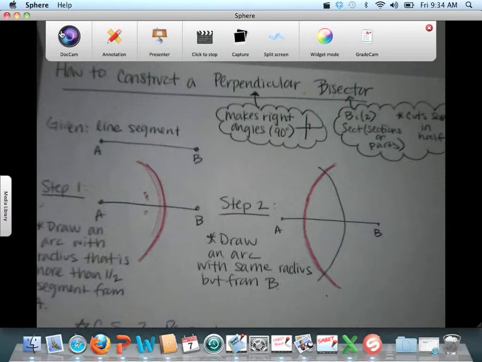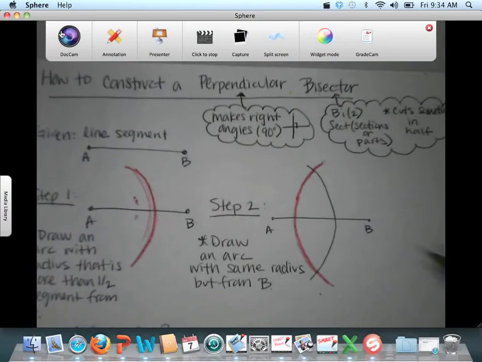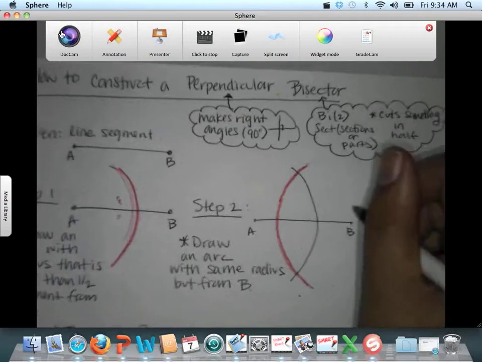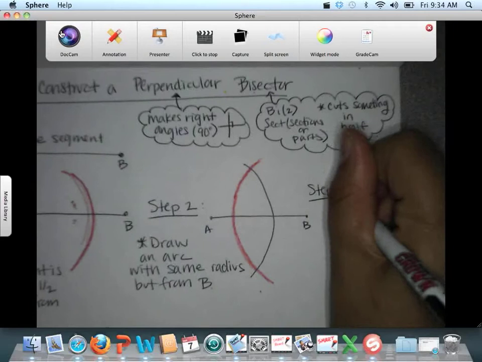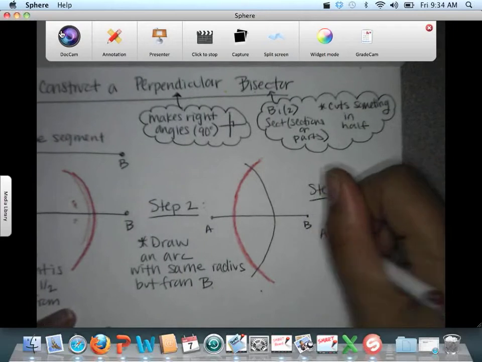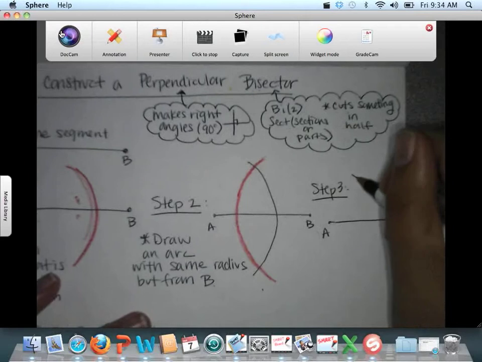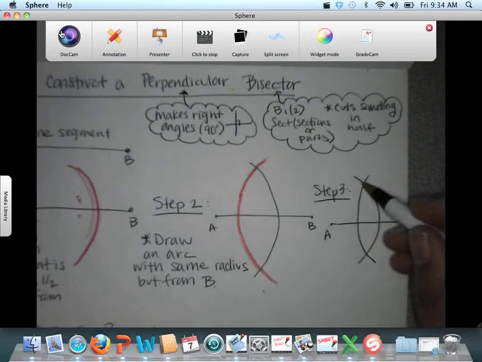There you go. Okay, and then step 3, which I realize I'm slightly out of room, but we'll just squish it over here. So for step 3, you have your line, a smaller version of it. You did a big arc, and then another big arc, and they cross.